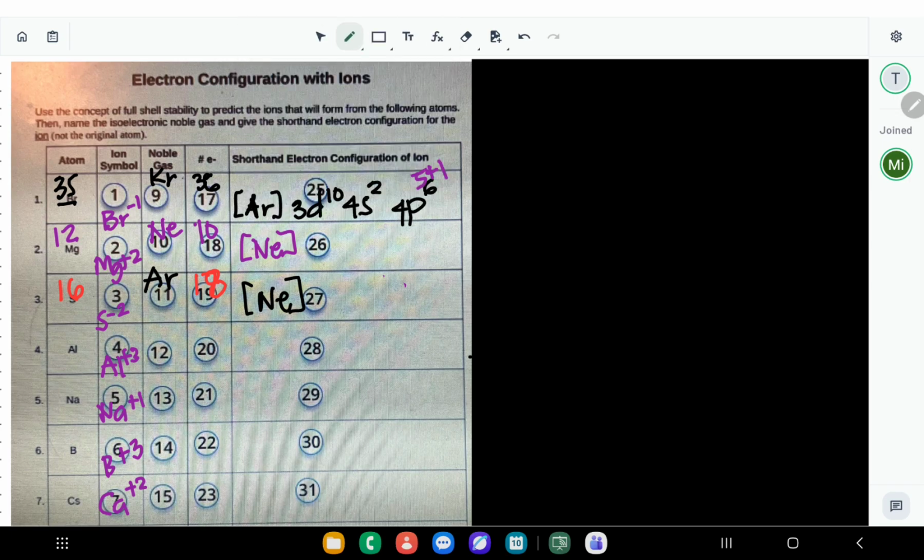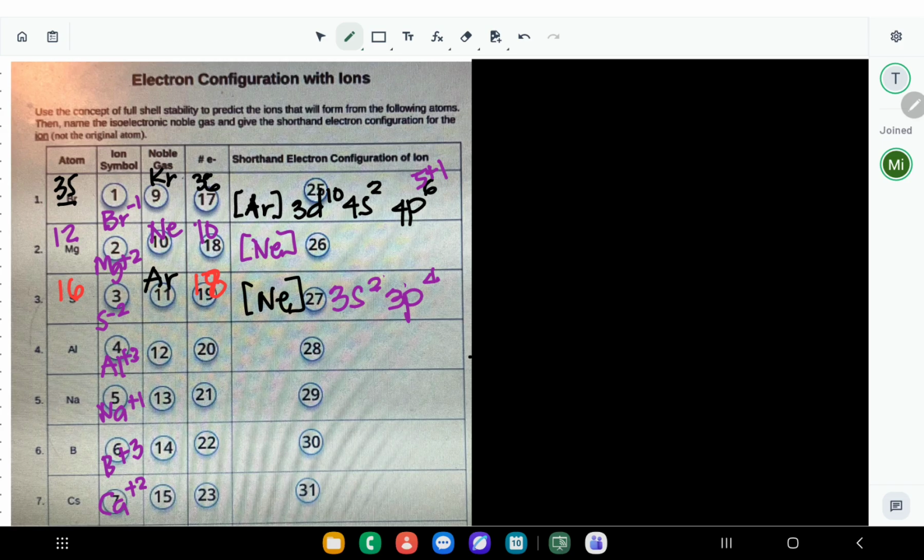So our shorthand notation would become, okay, that is 1s2, 2s2, 2p6. We delete that, so we'll be left with neon 3s2, 3p4.